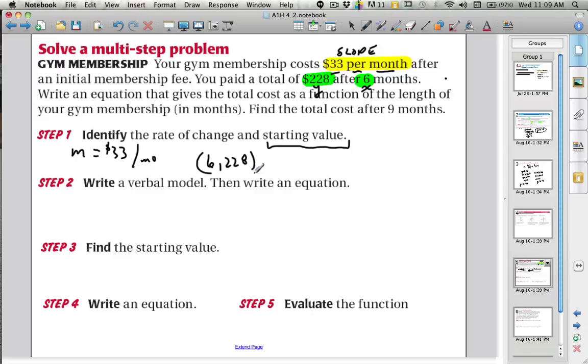We know we're using y equals mx plus b. y was 228, slope is 33, x was 6, plus b, right? Remember, I'm using y equals mx plus b. When I have 6 times 33, that's 180 plus 18, that's going to be 198.